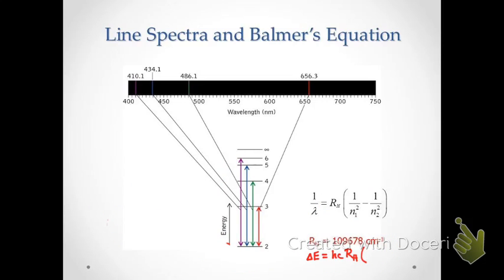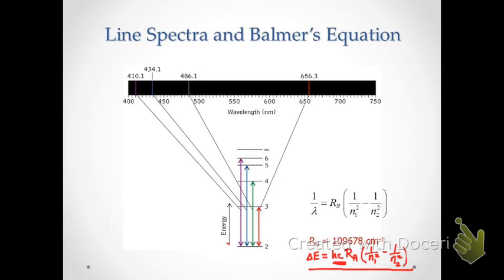If we want to express this in terms of energy, we will note that 1 over lambda is proportional to energy, because energy is equal to hc over lambda. To get the energy difference between those levels, we simply multiply by the additional factor of hc. Again, watch out for units when you're doing these calculations.